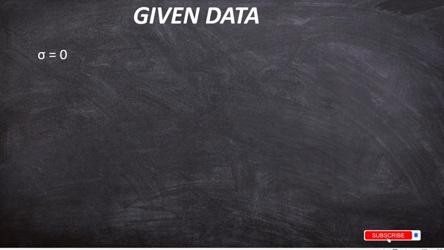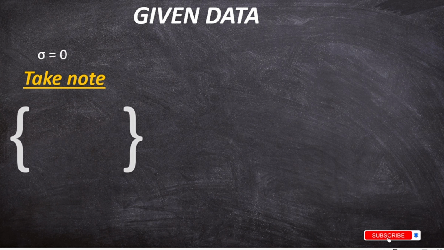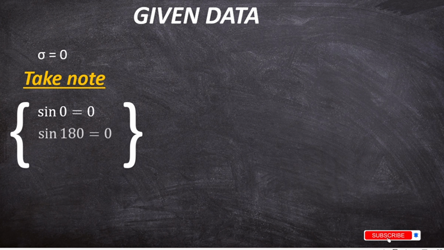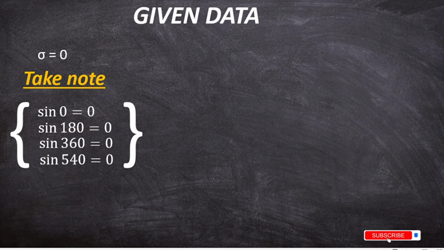Now we have to recall that sine 0 equals 0, sine 180 equals 0, sine 360 equals 0, sine 540 equals 0, and 0, 180, 360 and 540 are primary values of the function sine.